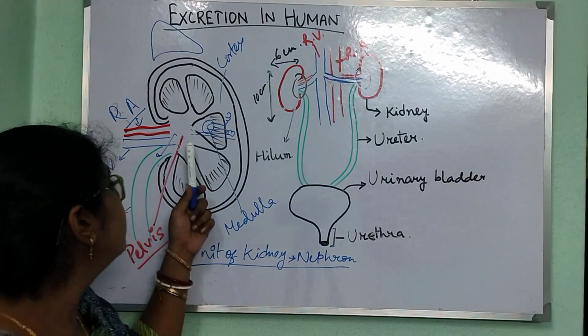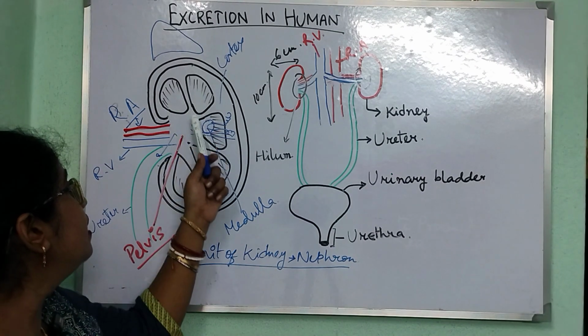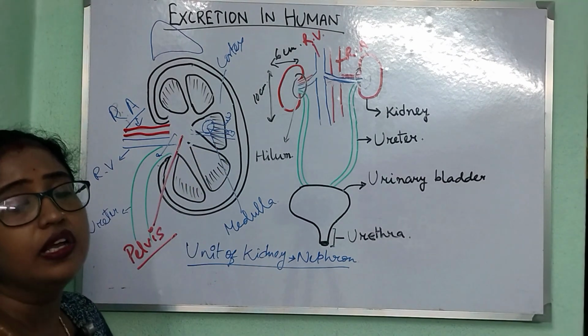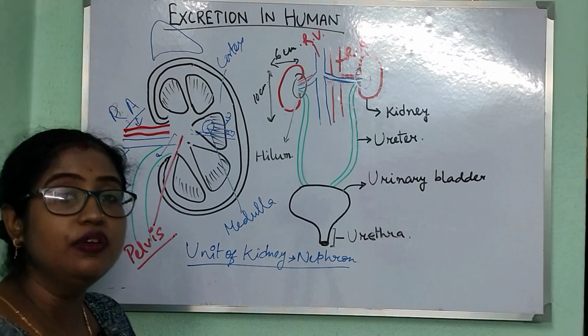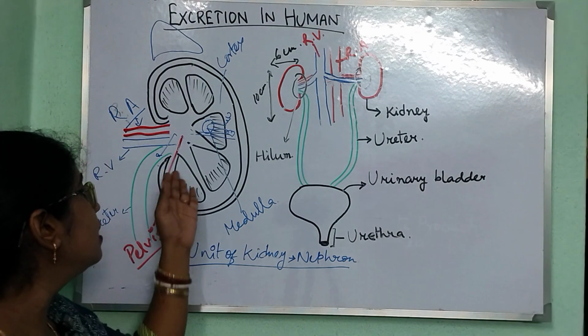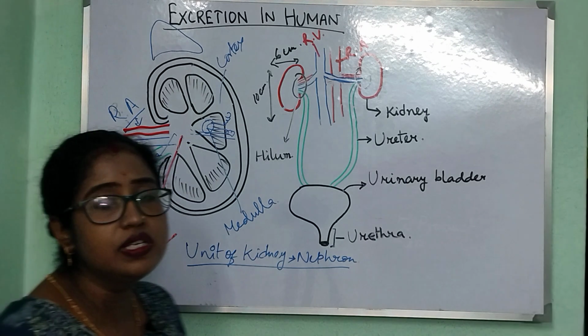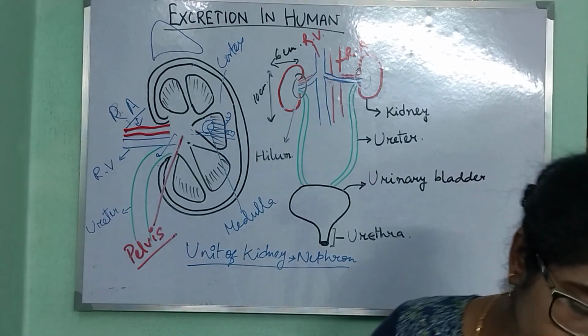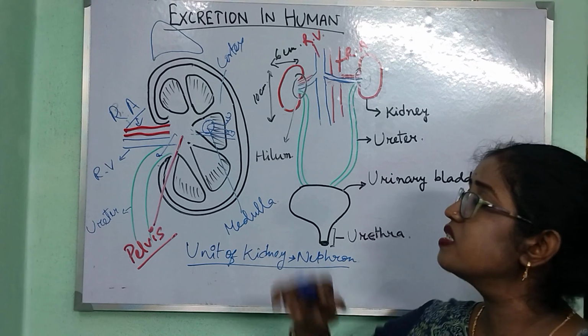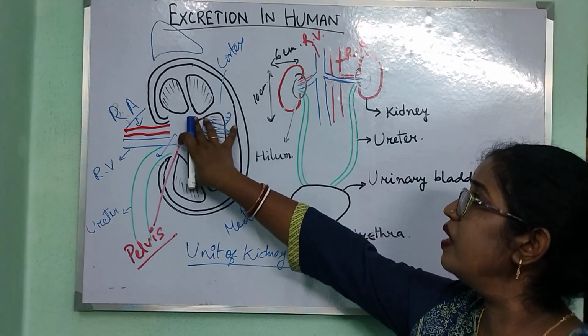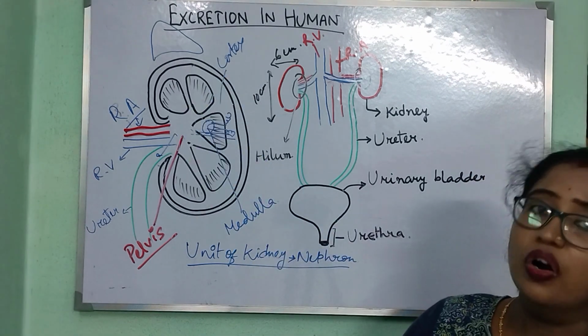You can see that there are different pyramid-shaped structures in the kidney. These are known as medullary pyramids, and they are a kind of projection that separates the medulla portion from the cortex area.